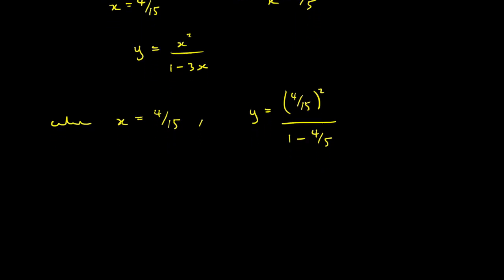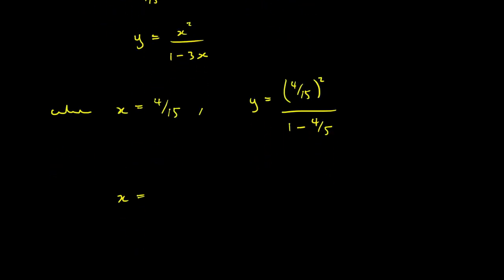And then when x is equal to, what was it, 2/5, then y is going to be equal to 2/5 all squared over 1 minus 3 times 2/5, so that's going to be 6/5.